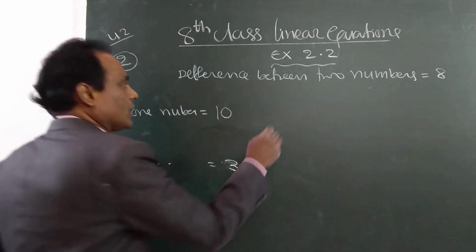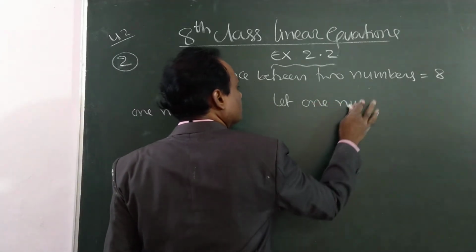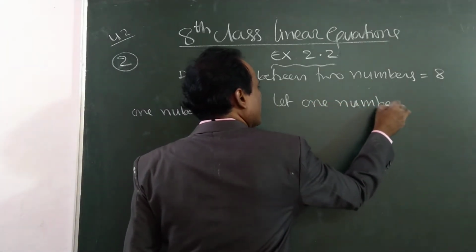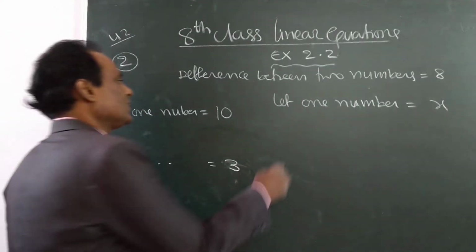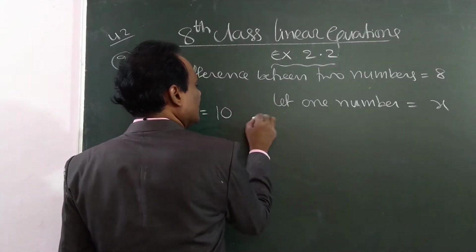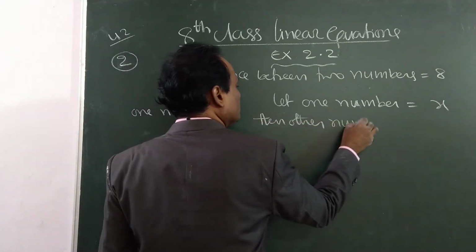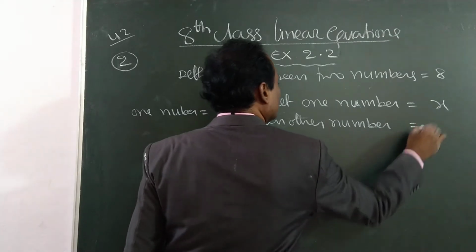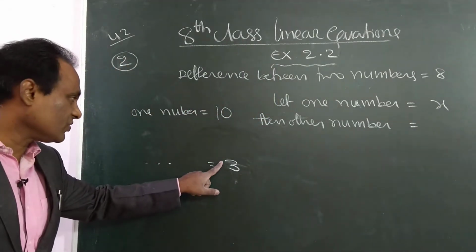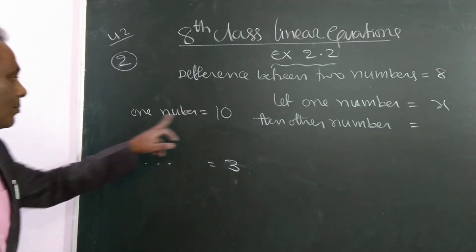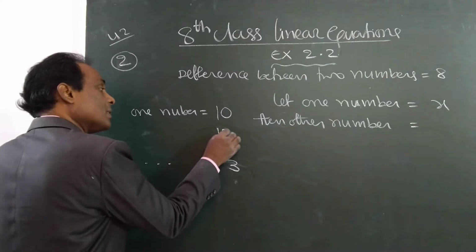See here, don't write anything. Let one number be x, as we don't know the numbers. What is the second number? Difference between two numbers is 3 means if one number is 10, the other number may be 7 or it may be 13.